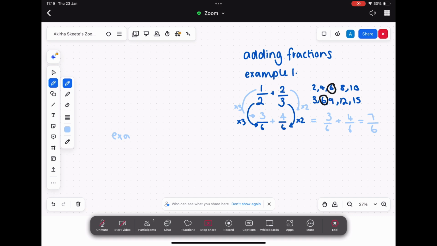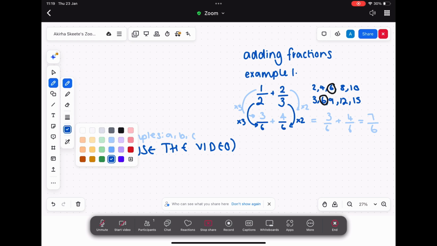Okay, so now I have some examples, and I'm going to do 3 examples, A, B, and C. And at this point in the video, once I've written them up on the board, it'd be the perfect opportunity for you to pause, have a go yourself, and then come back and see what the answers are.